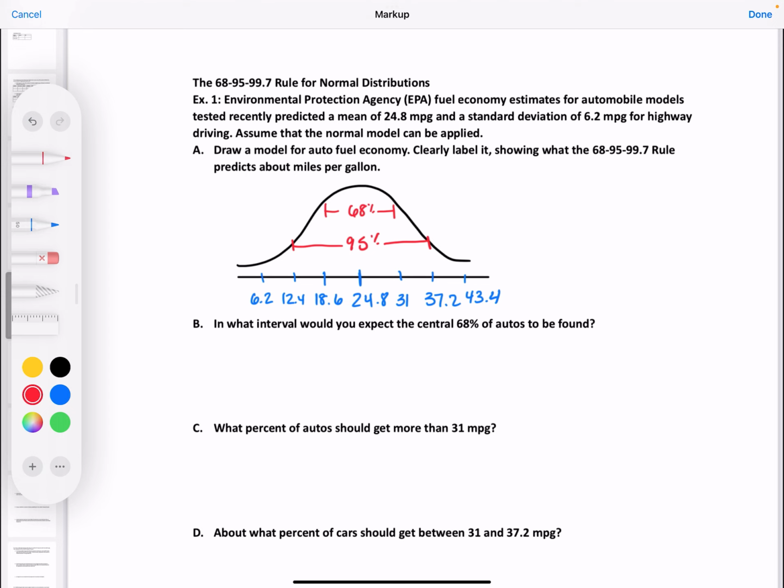And then 3 standard deviations away is your 99.7%. And your label for the bottom should be highway mileage in miles per gallon.